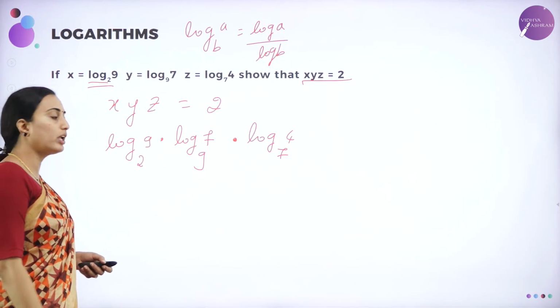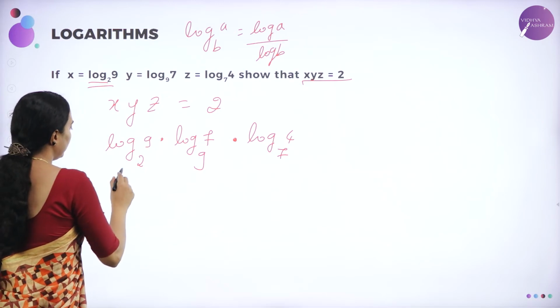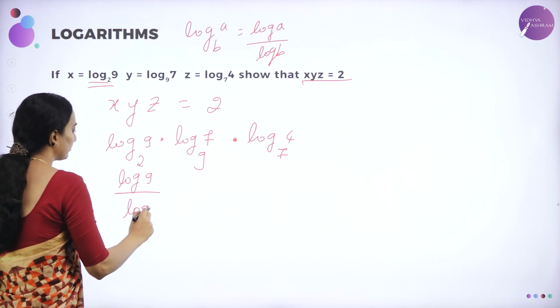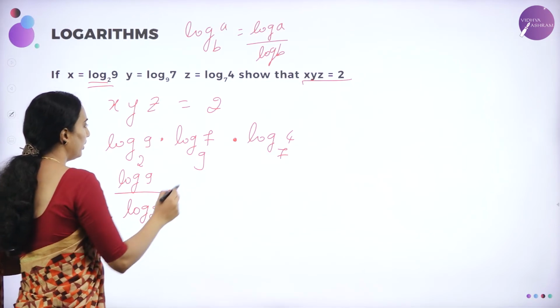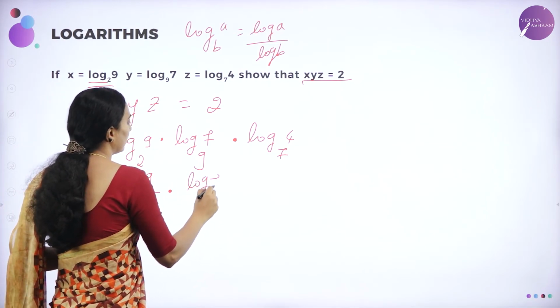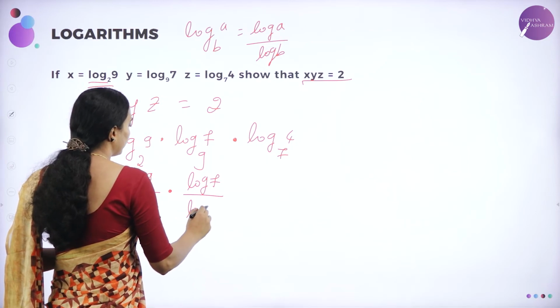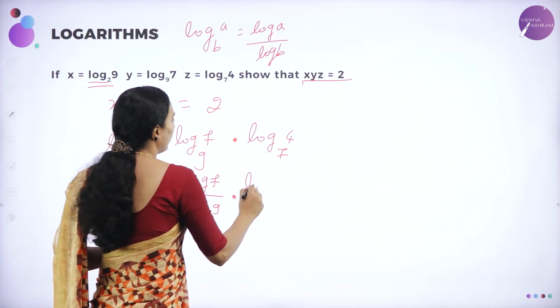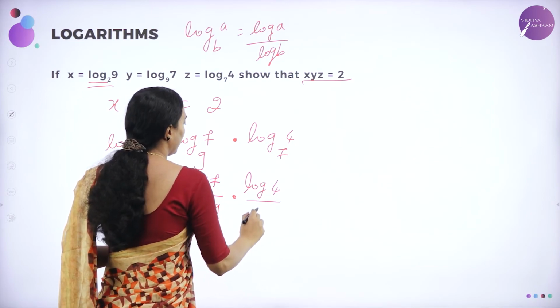So therefore, you can write this as log 9 divided by log 2 into log 7 divided by log 9 into log 4 divided by log 7.